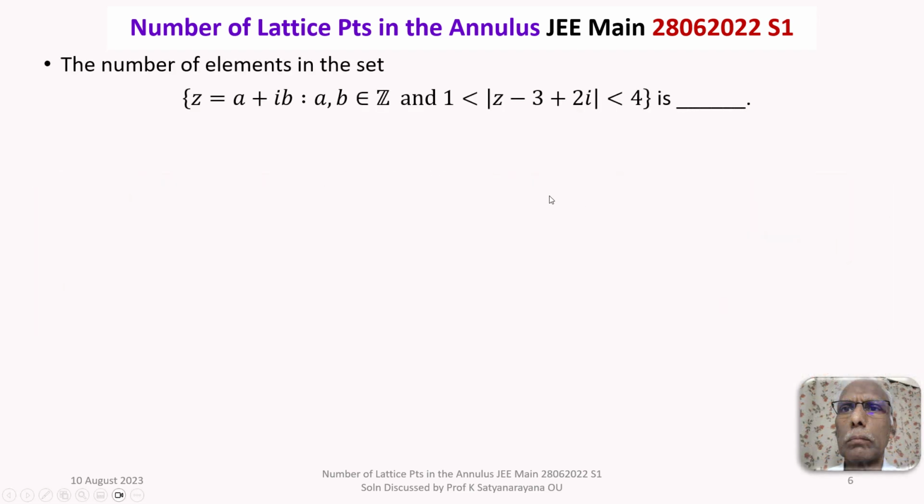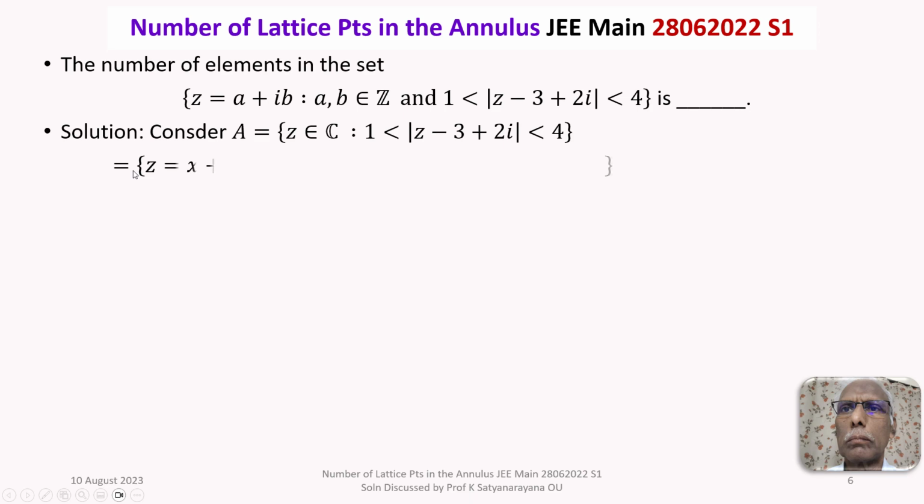We now discuss the solution of the problem in detail. Consider A equal to the set consisting of z belonging to C, the set of complex numbers, such that 1 < |z - 3 + 2i| < 4. Z is a complex number, meaning its representation is x + iy.